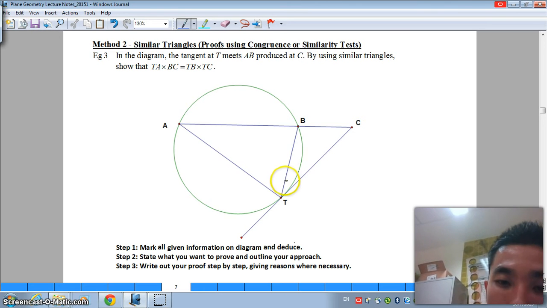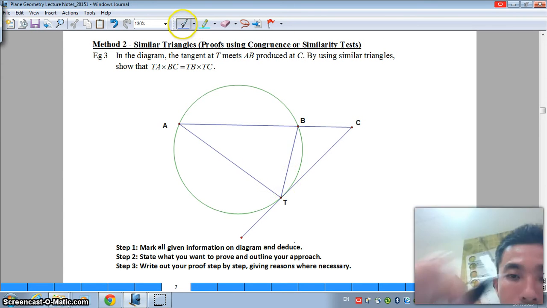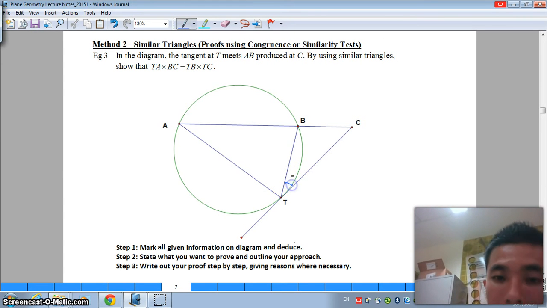Without further ado, I can say that this angle BTC must be equal to this angle TAC. And you want to actually find two similar triangles. Notice there is a big triangle and two smaller triangles.